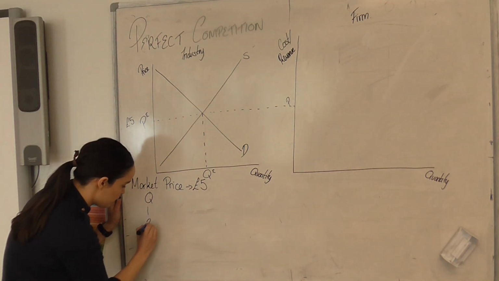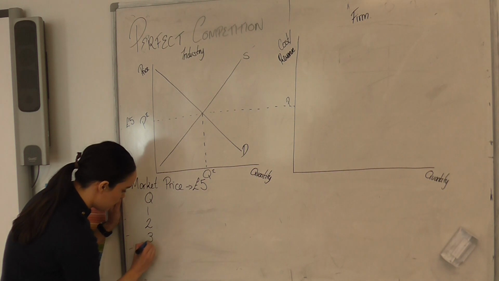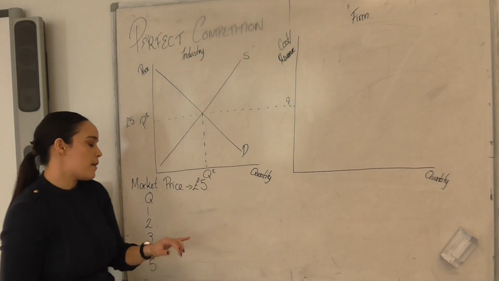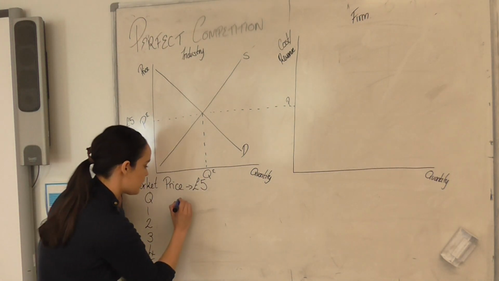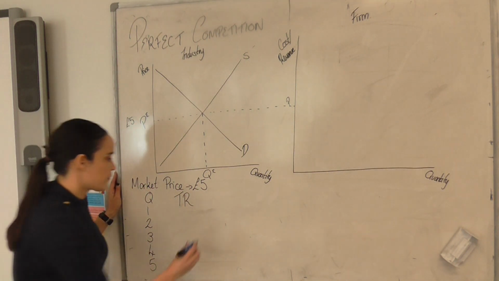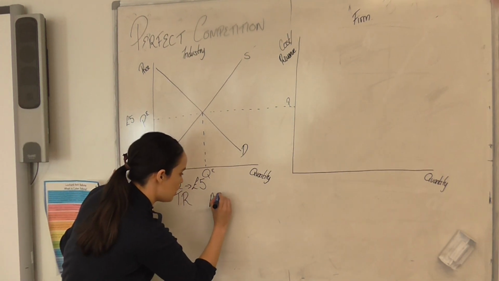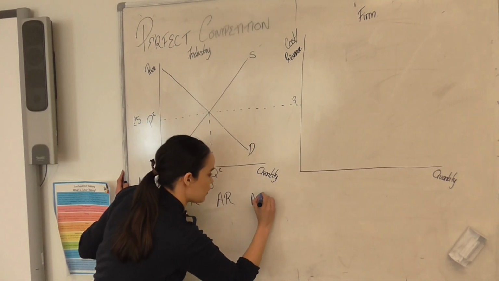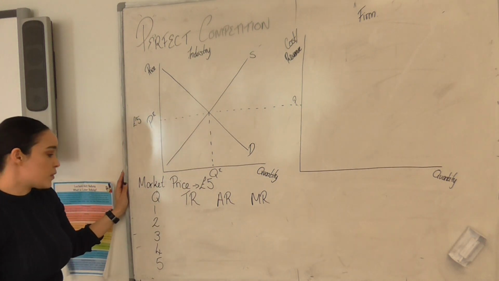We'll just do 1, 2, 3, 4, and 5, but obviously this goes on as we move along here. And then we'll have a look at the total revenue that the firm makes, the average revenue the firm makes, and then look at the marginal revenue that the firm makes also.